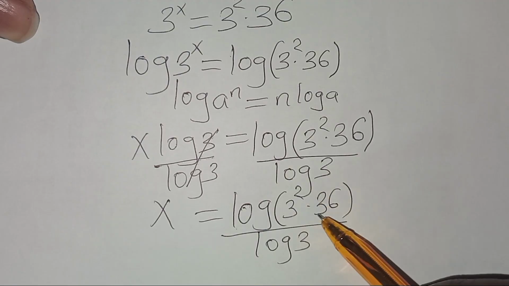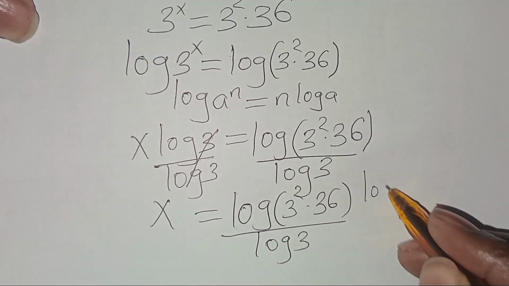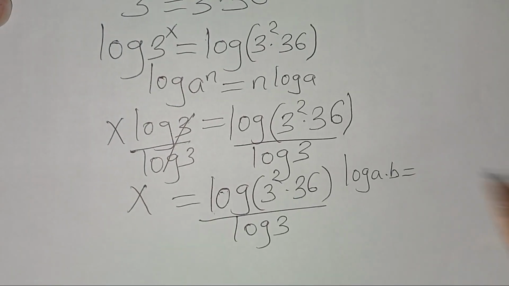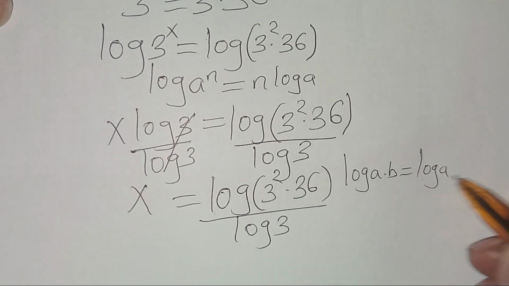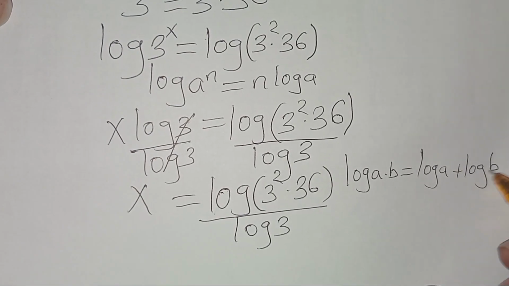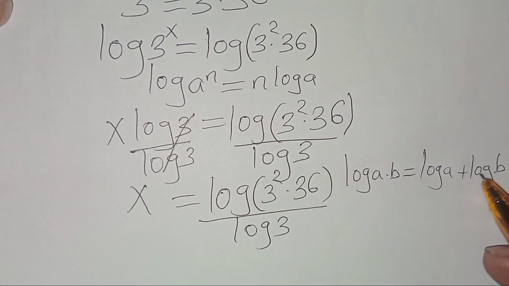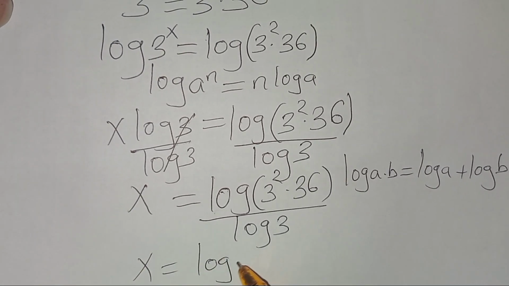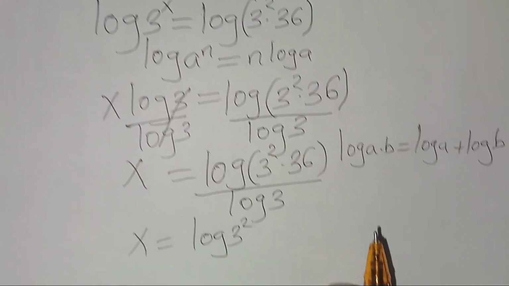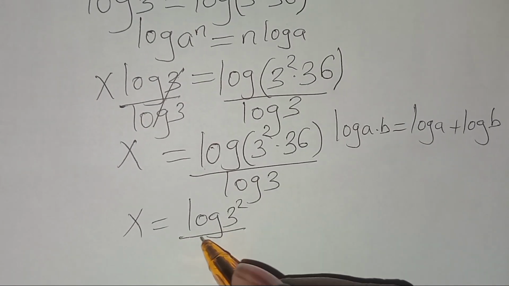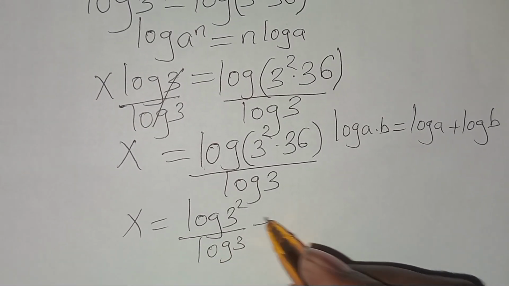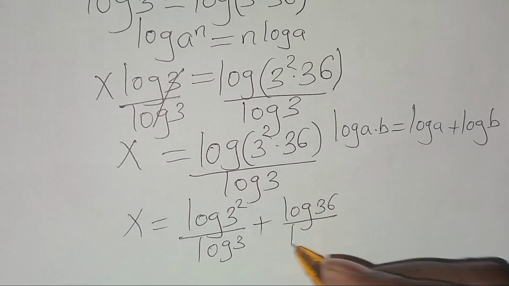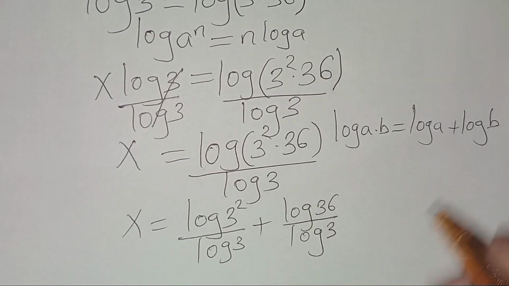Now log of 3 to the power 2 times 36 is in the form of log a multiplied by b, which we can express as log a plus log b. Applying this logarithm property, we'll have x equal to log 3 to the power 2 divided by log 3, plus log 36 divided by log 3.